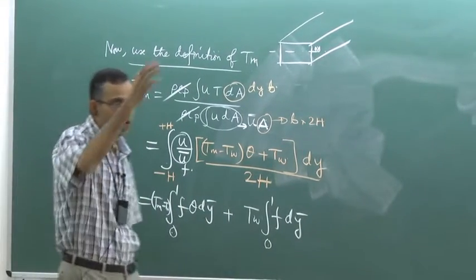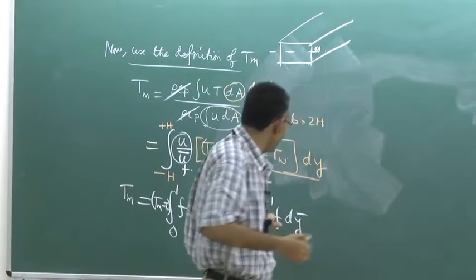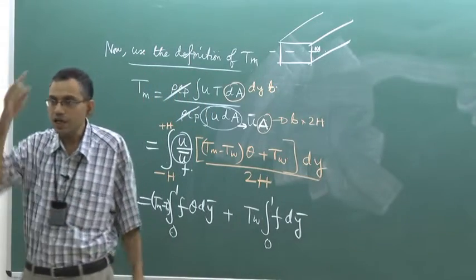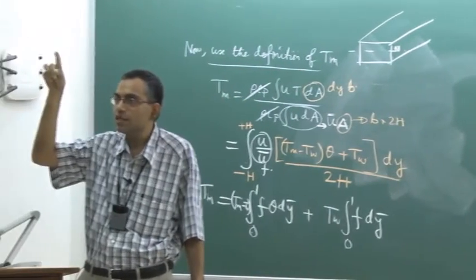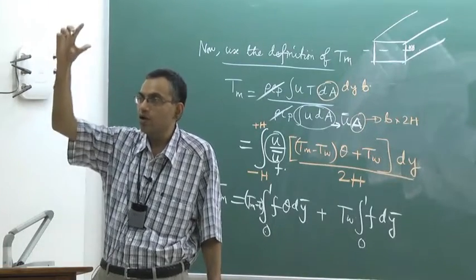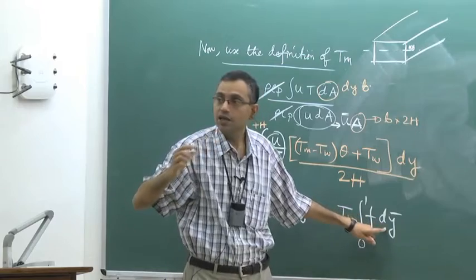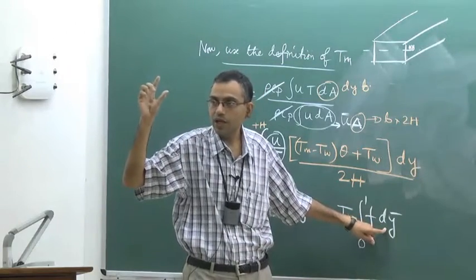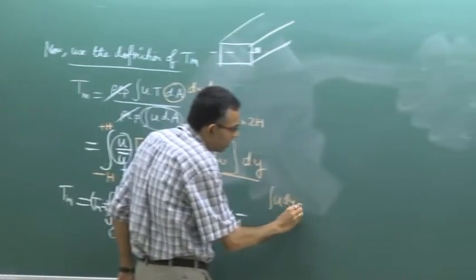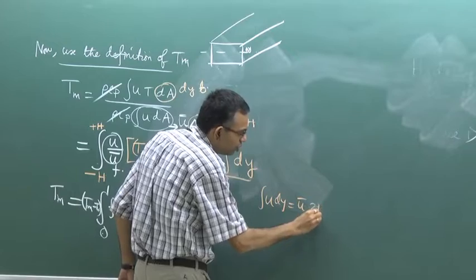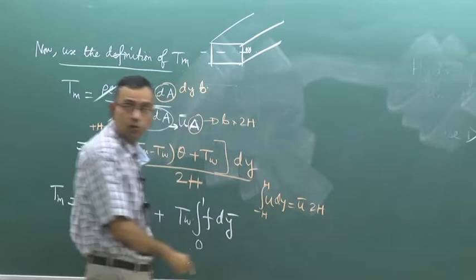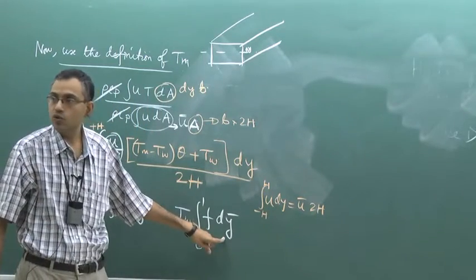So integral of f dy, non dimensionally, will become 1 from 0 to 1, because integral of u dy is u average into the height. So u by u average into integral of dy non dimensional is 1. This is from the condition that integral u dy is equal to u average into 2h. So this is equal to 1.